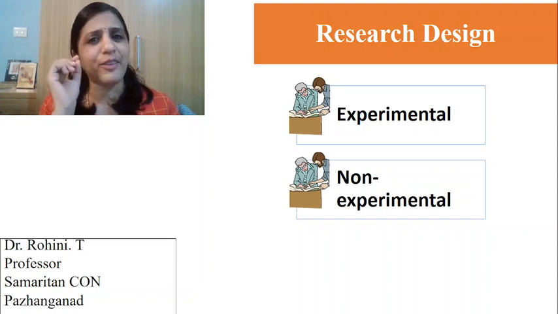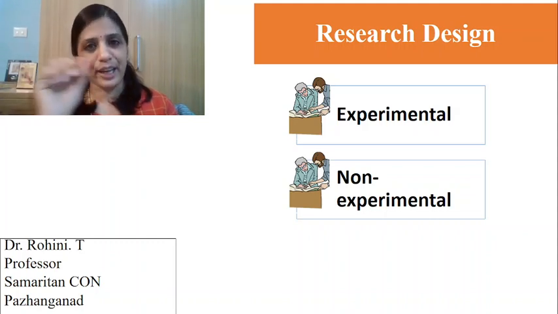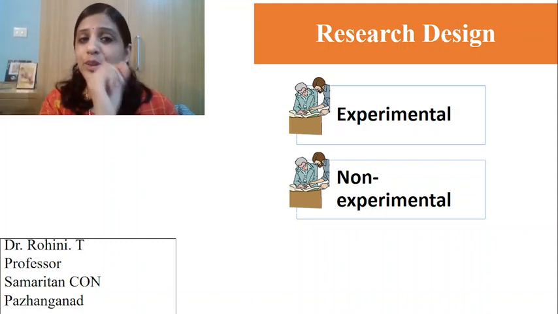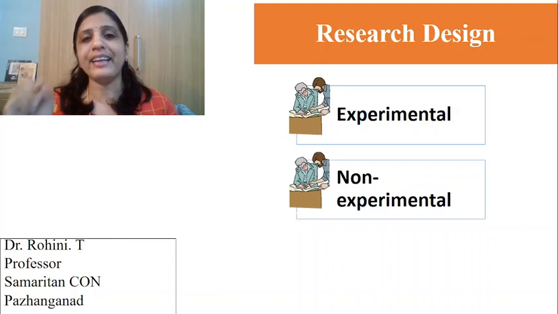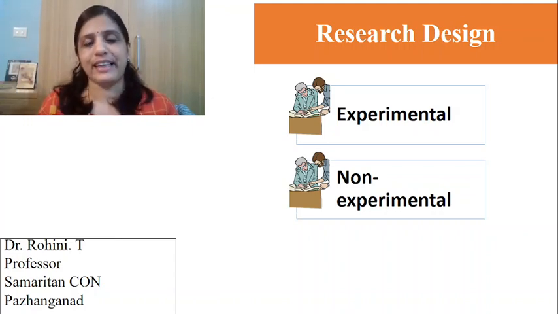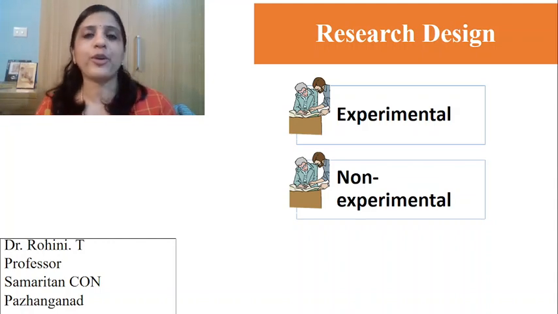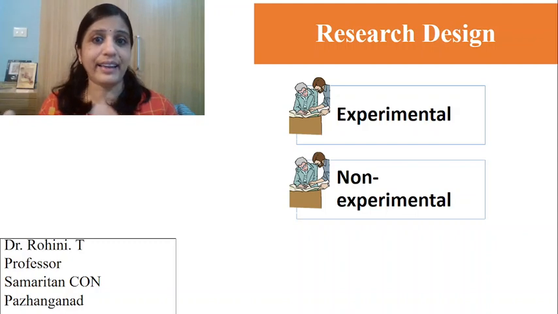You will have to very clearly specify the research design. You can write it as true experimental research design, put a colon, and write the name of the design, for example, two group pretest post-test control group design. You can write like that.